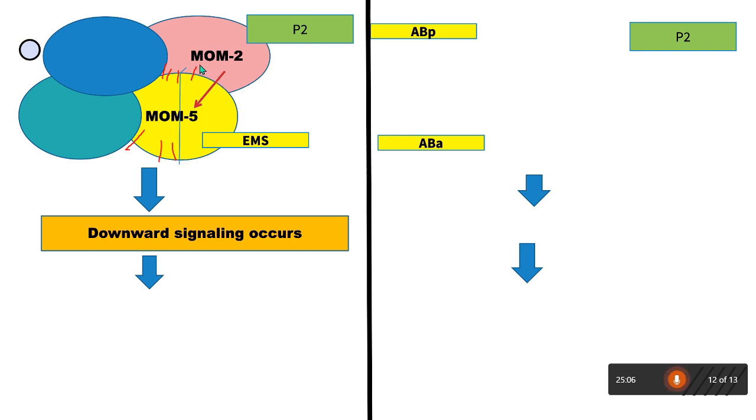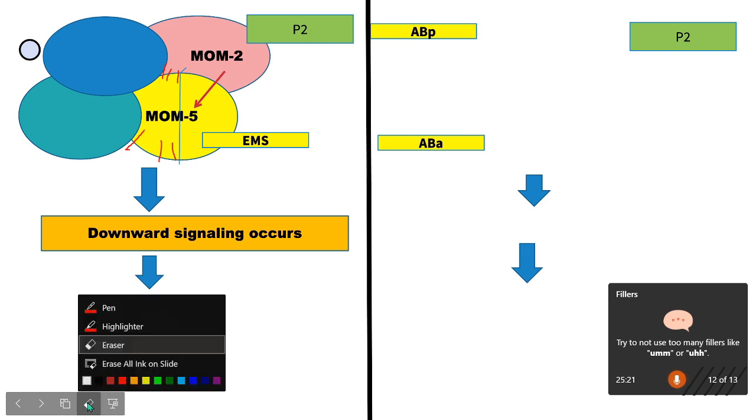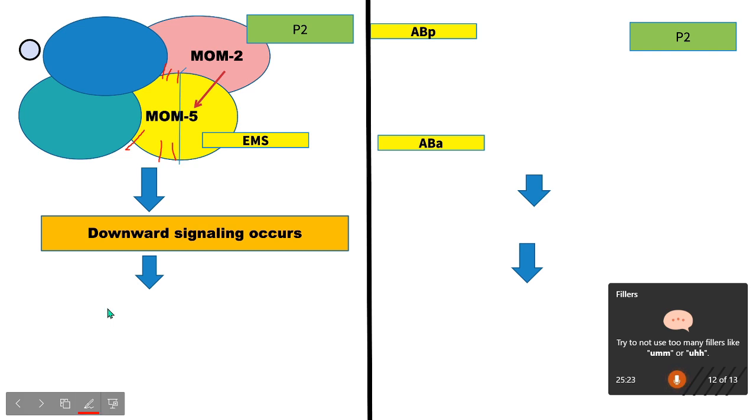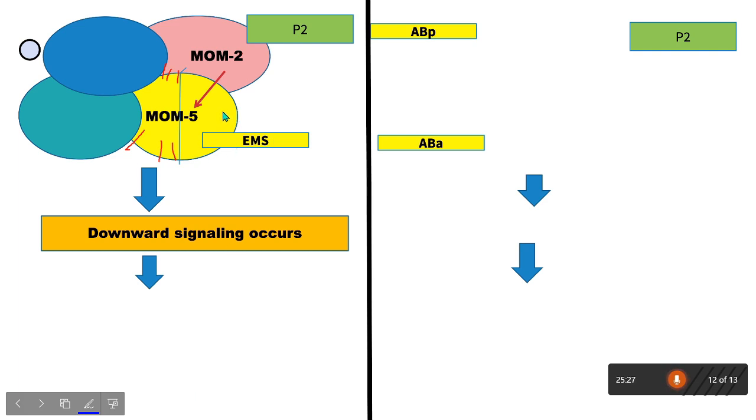So where POP1 is inhibited, it will be following the endodermal fate, the endoderm fate or E fate. We can see that here POP1 is inhibited, so it will be following the E fate.